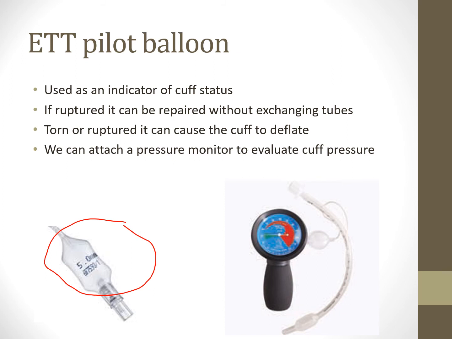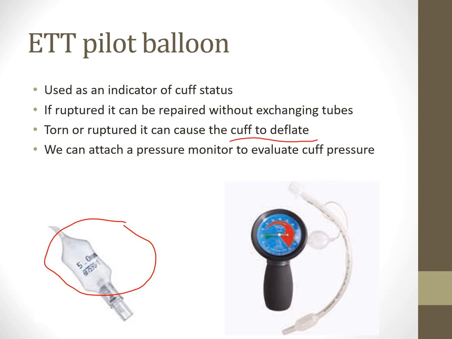The pilot balloon is an indicator of the cuff status. If it's ruptured, if for some reason they cut it off, or you cut it off, unfortunately, you can repair it without exchanging the tubes. There are cuff repair kits and things like that. A torn or ruptured cuff can cause the cuff to deflate. Not always.